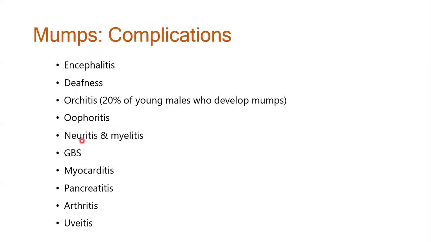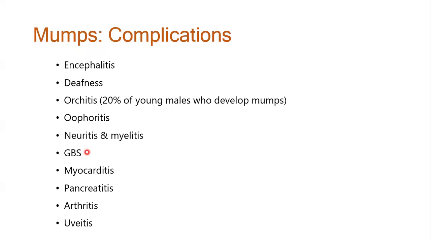GBS, also known as Guillain-Barré syndrome. I don't want to get into so much pathology, but what happens in Guillain-Barré syndrome is the patients usually have bilateral weakness of the limbs, and it is very specific as it will be ascending.